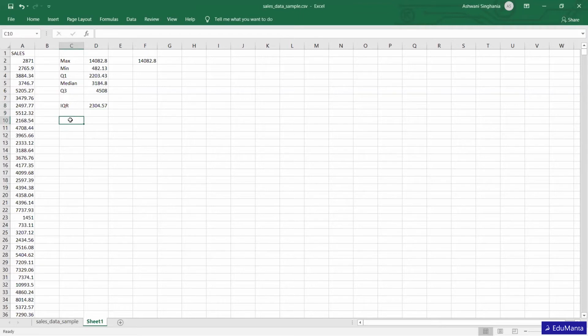So the whisker should be either the minimum or Q1 minus 1.5 multiplied by the interquartile range.